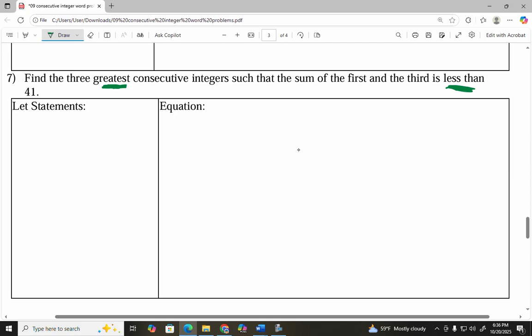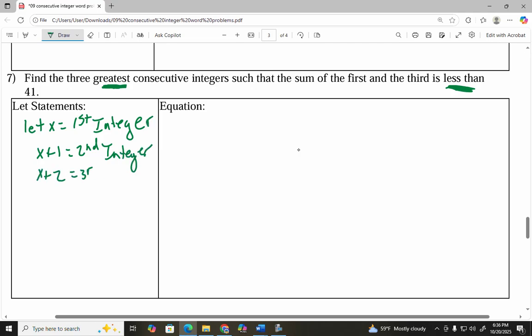So consecutive integers, let x equal the first integer. x plus 1 is the second integer. And x plus 2 is the third integer. We wanted 3 of them.